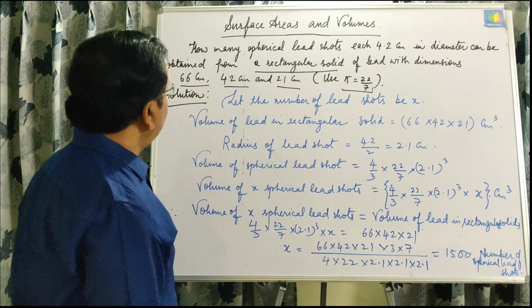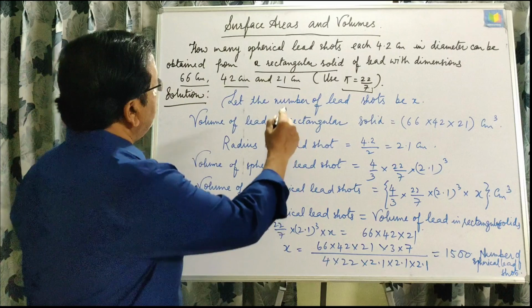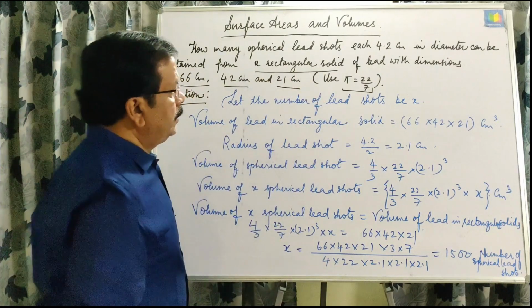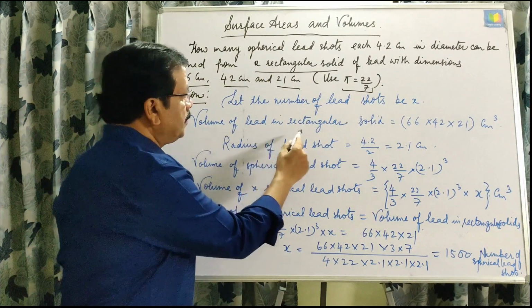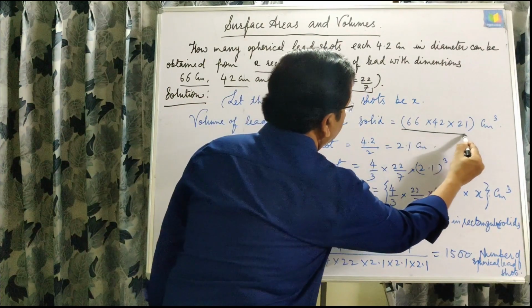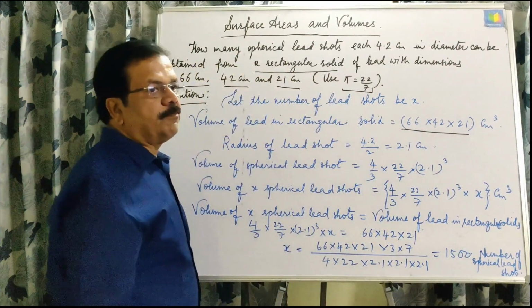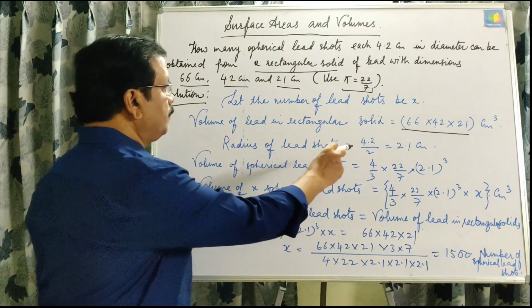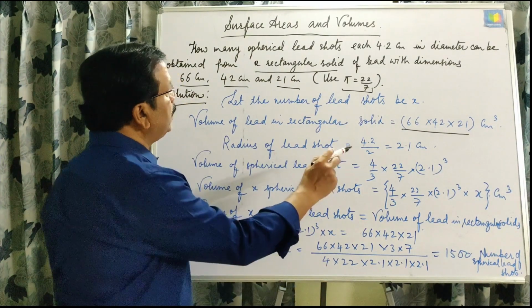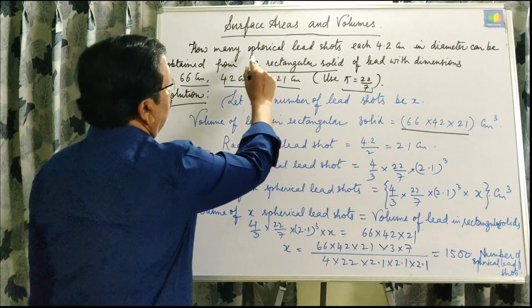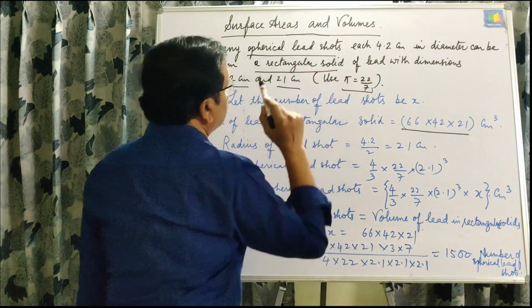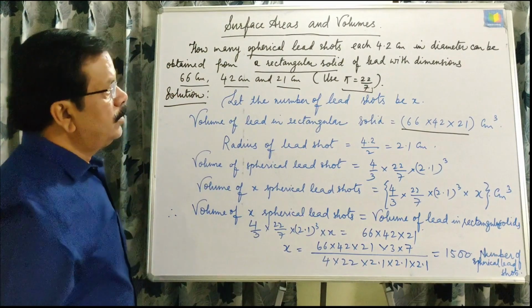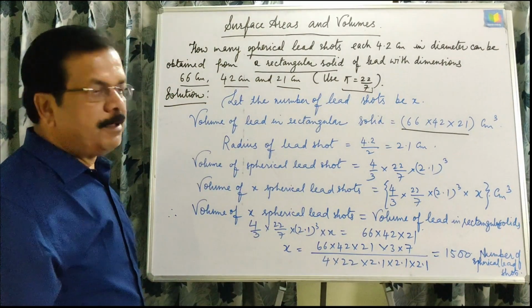And the next thing, that is the rectangular solid, and we are given its dimensions 66 into 42 into 21, that is a cuboid you can say. The volume of this rectangular solid will be equated to the volume of X number of spherical lead shots, 4.2 centimeter in diameter.